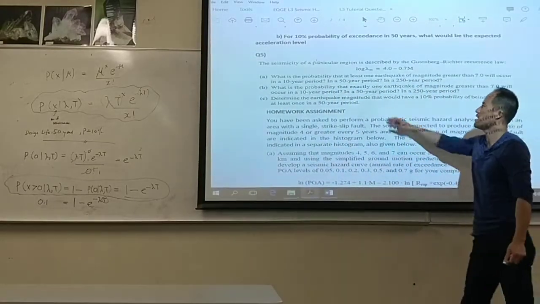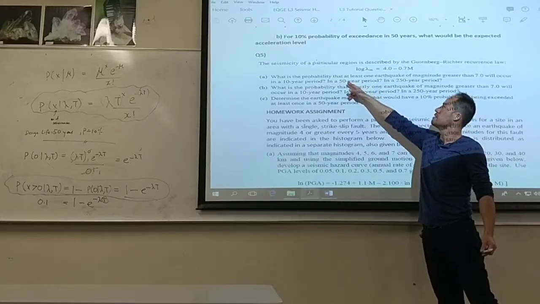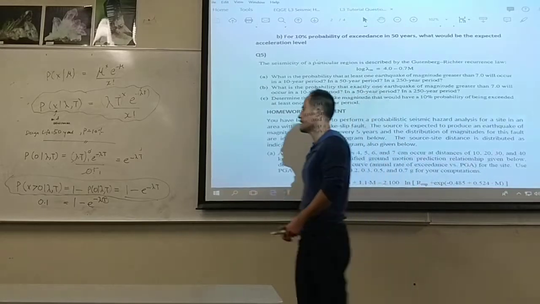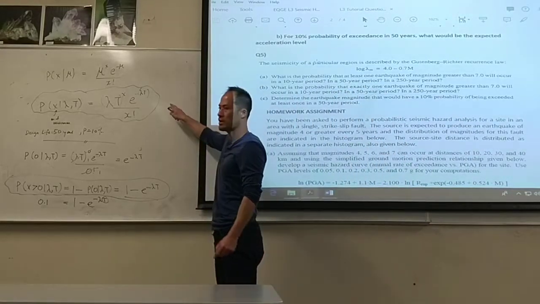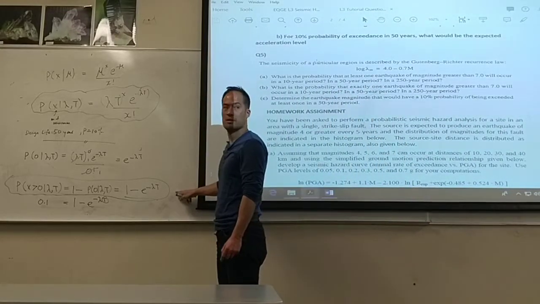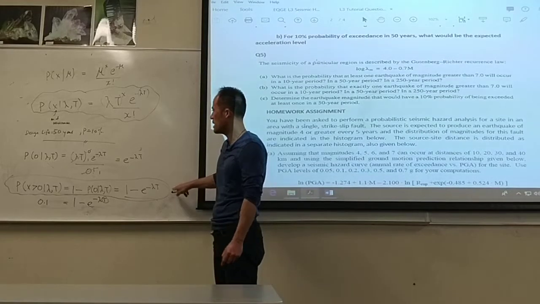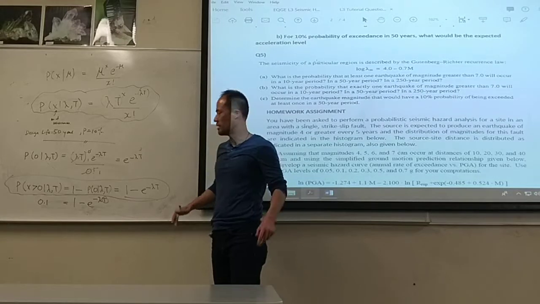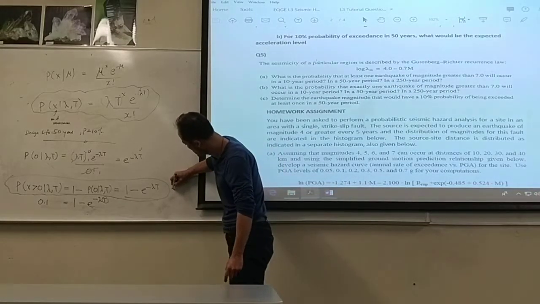What is the probability that what? At least. So when I say at least, which one are we looking at? This one, right? Because at least means we take up the probability of it not occurring. So we use this form of the equation.